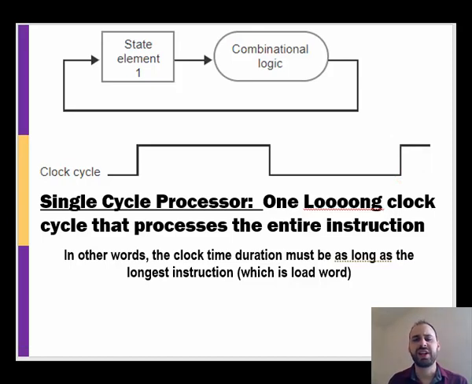It has one big long clock cycle that needs to be as long as the longest instruction, the instruction that's going to take the most amount of time. Our clock period must be at least as long as that longest instruction.